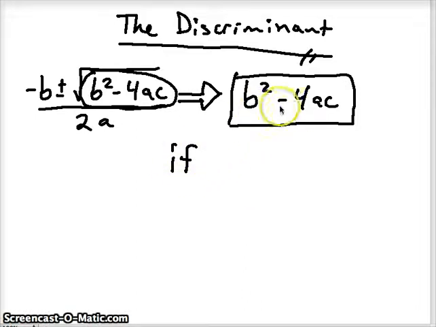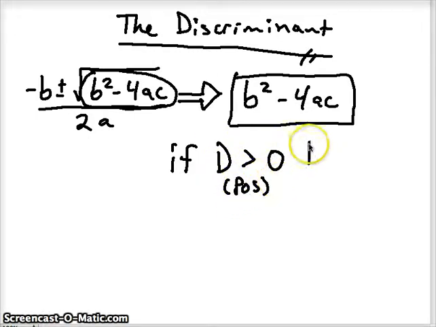If the discriminant is greater than 0, so if it's positive, then we have two real solutions.